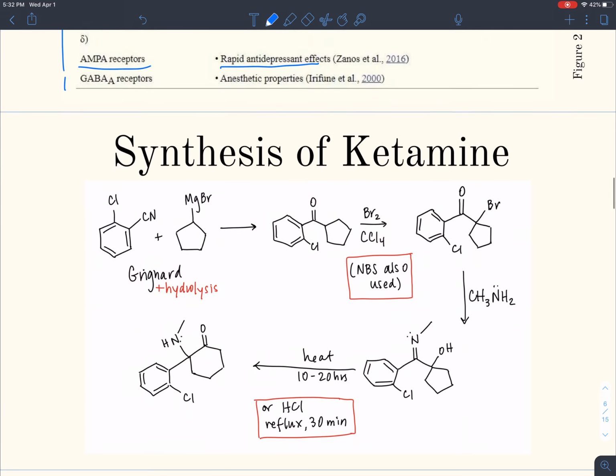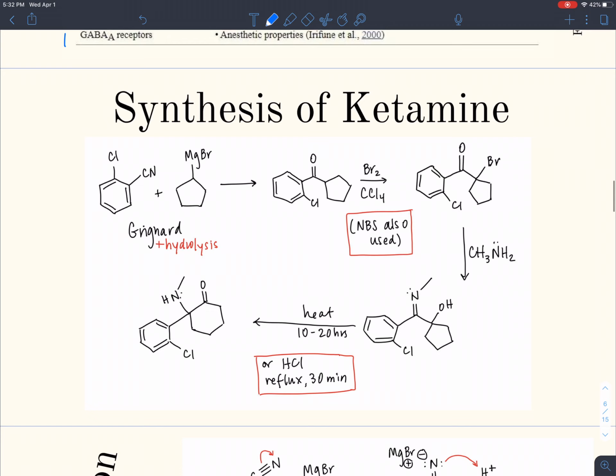in the body. So moving on to the synthesis, I chose the original patented synthesis by Stevens. He uses no stereochemical control, and he produces both isomers. So it's got 4 main steps. First is this Grignard, which we all know, and subsequent hydrolysis to make the ketone.